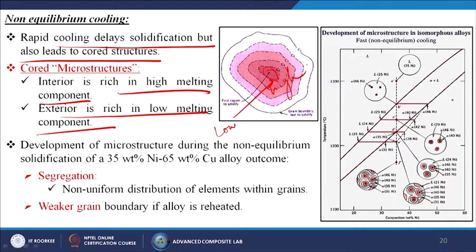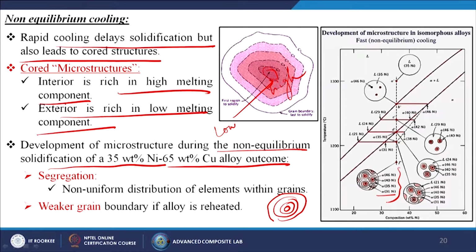So, development of microstructure during the non-equilibrium solidification of a 35 weight percent nickel and 65 weight percent copper alloy: in this particular case you can see that inside is alpha with 46% nickel initially, then on top of that 40% nickel, then on top of that 35% nickel, and the outside is 31% nickel.